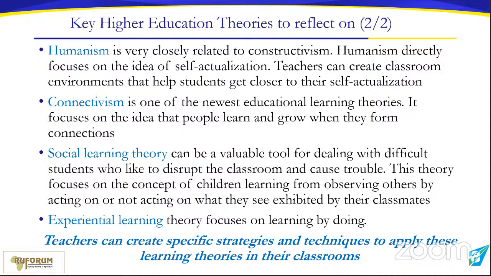So really, this theory is based on the concept of children learning from observing others, by acting or not acting on what their classmates exhibit. So it tells us to accept that yes, there are learners who have certain bad characters, but how do you use tools? I remember in some old classes in the lower levels, we used to be told that badly behaved students are given more responsibilities.